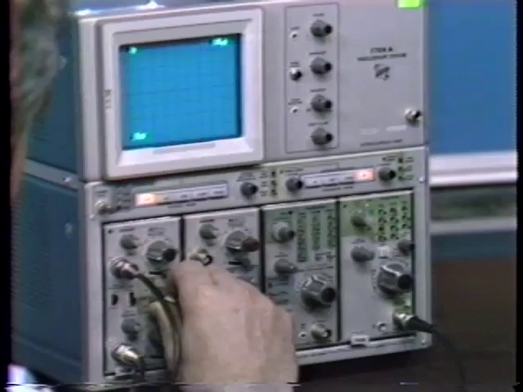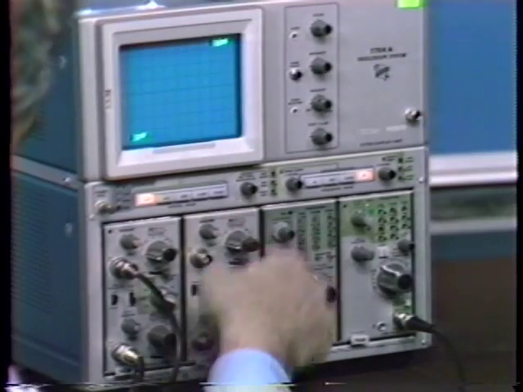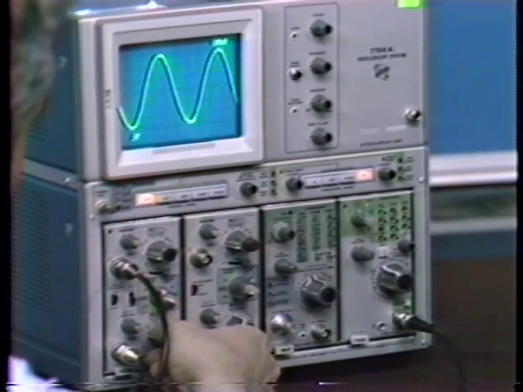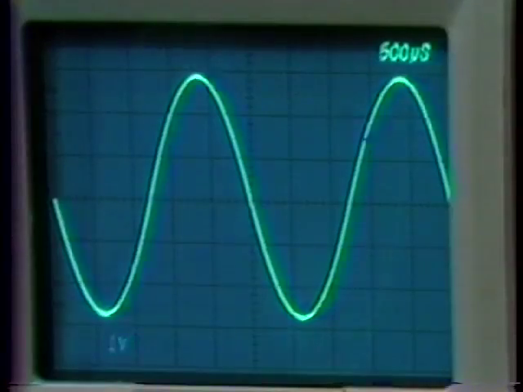I have that on the second trace. We notice, first of all, it's very nearly sinusoidal, to what we can observe in an oscilloscope. The signal at the input to the nonlinear element is sinusoidal. The gain of the nonlinear element in its linear region is about 80.